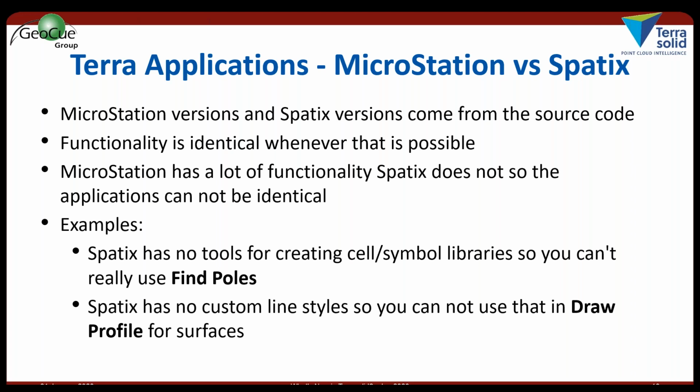Spadex also doesn't deal with custom line styles. So we use custom line styles in things like the draw profile tool in TerraModeler. So that would be something that you wouldn't be able to do.